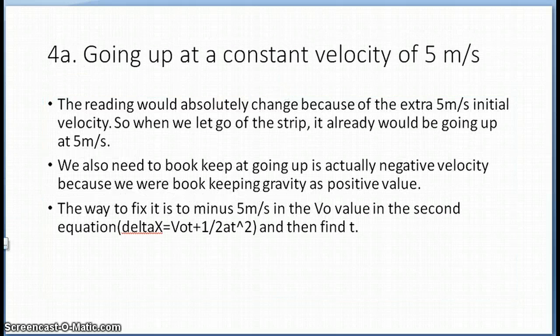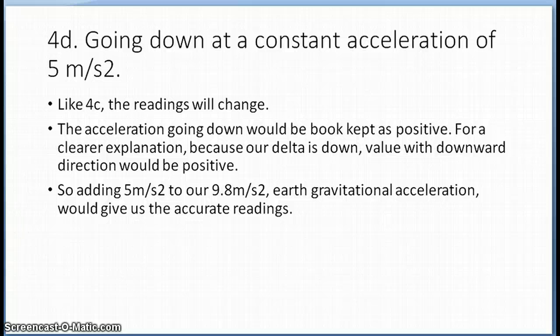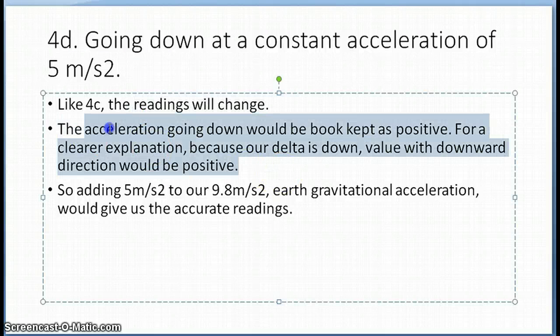Check here. Yep. 4d. In this situation, the elevator is going down at a constant acceleration, so it's going in the same direction as the force of gravity. So the acceleration would be a positive acceleration.